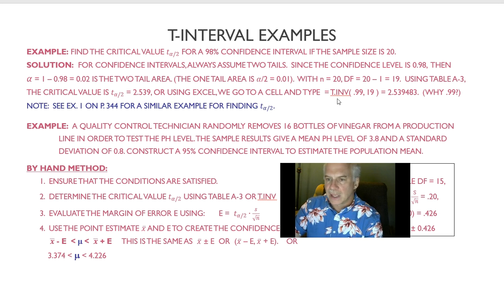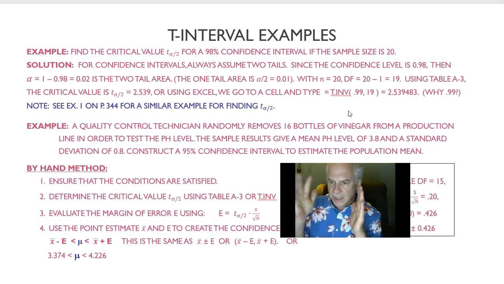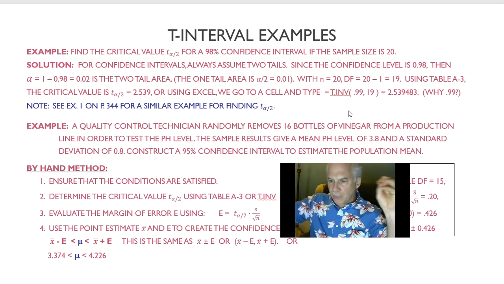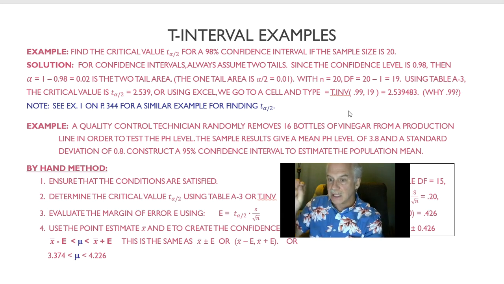Now using Excel, if you had 98% in the middle, then you're going to have 1% on each tail, right? 98% in the middle, 2% on both tails, but 1% on each tail. So if there's 1% in the upper tail, then below that is 99% if you include the middle and the lower tail.